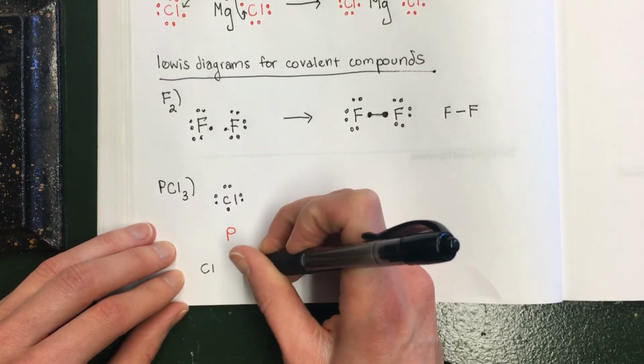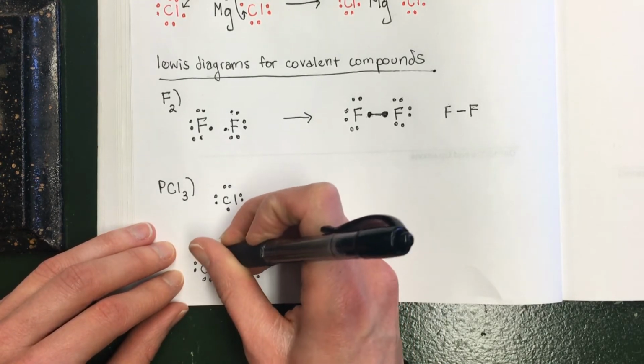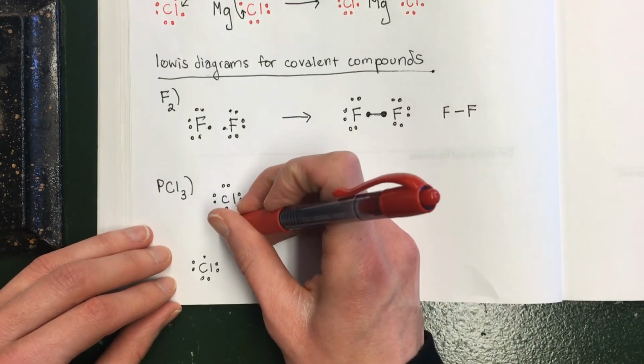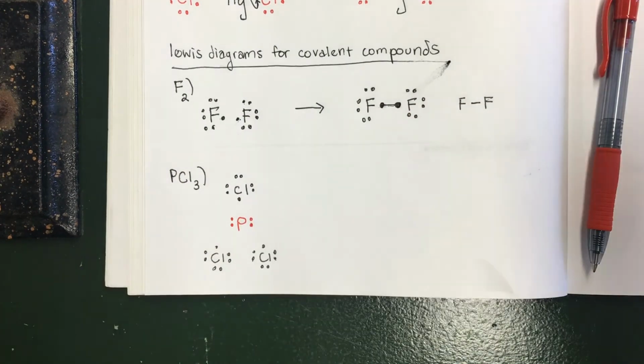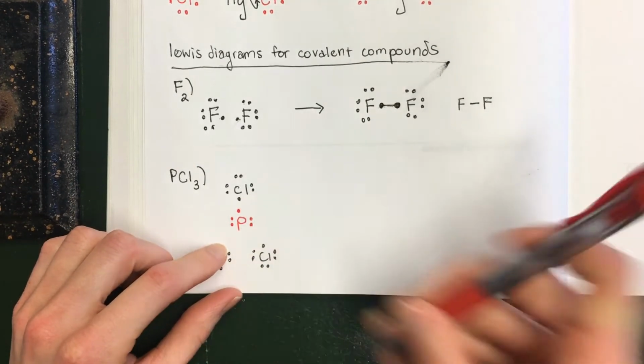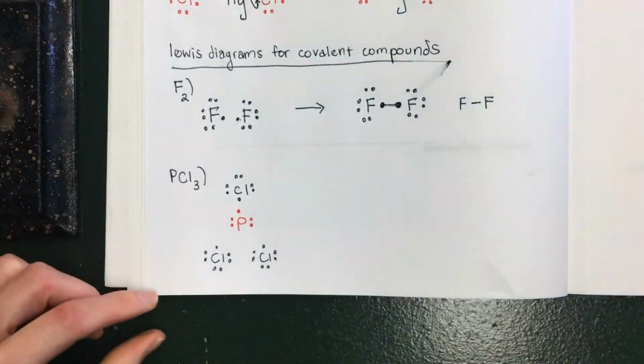So I'm drawing 7 valence electrons for each of those chlorines. And then we're going to draw 1. Okay, so we've got 5 valence electrons for phosphorus because it is in the 5th column.